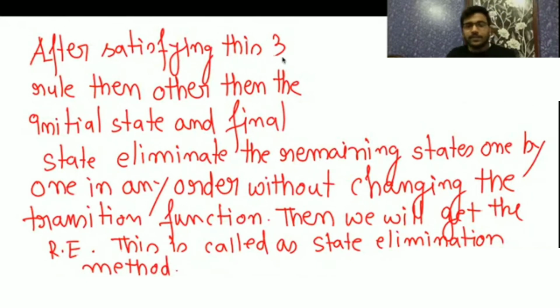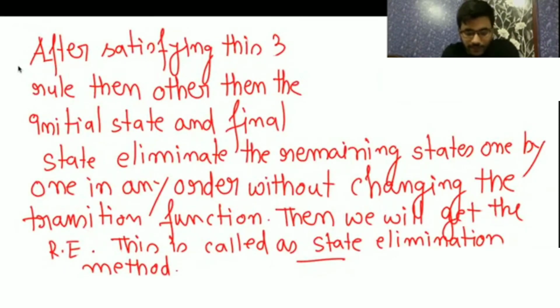So it is saying that after satisfying these three, then other than the initial state and final state, eliminate the remaining states one by one in any order without changing the transition function, then we will get the regular expression. This is called the state elimination method. In brief, it's saying that the initial state should not have an incoming edge. If it has any incoming edge, then you have to create a new initial state such that only by getting epsilon it should reach the previous initial state. The second point is saying that the final state should not have any outgoing edge.